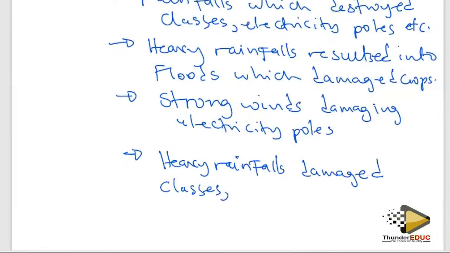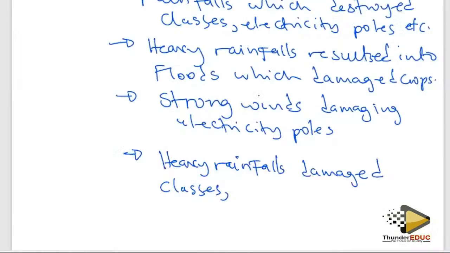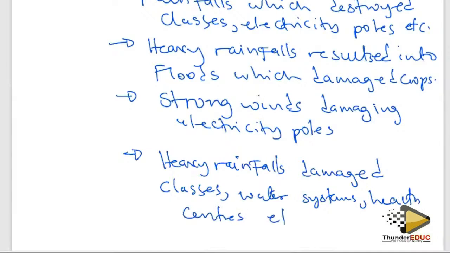Let me check another example. Damaged classes, water systems, health centers, right? Classes, water systems, health centers, etc.